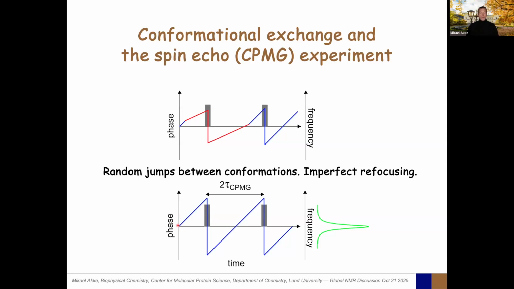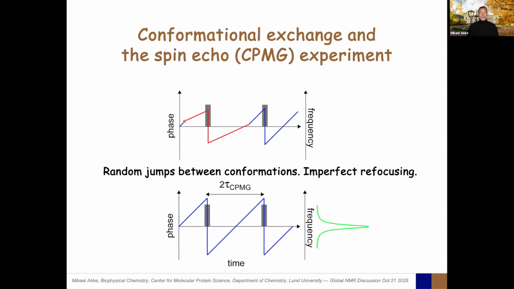So if you don't have exchange, it will look like this: it evolves, you have a 180-degree pulse, the phase gets inverted, it keeps evolving, inverted again, and then after 4 tau CPMG, you're back at exactly the null zero phase that it had at the beginning, the same phase. And that would amount to having a sharp line with a natural line width that is just the intrinsic relaxation rate.